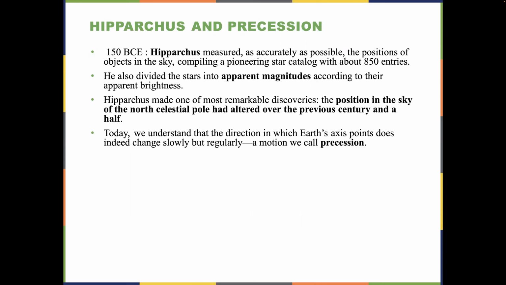At the same time, he made one of the remarkable discoveries: the position in the sky of the north celestial pole had altered over the previous century and a half. That is interesting, because our normal assumption is that the axis of the Earth points towards the North Star. As I mentioned previously, from that image taken from the Kitt Peak National Observatory, we used to think of the North Star as our reference point, because it is very close to the North Pole and doesn't change, right?